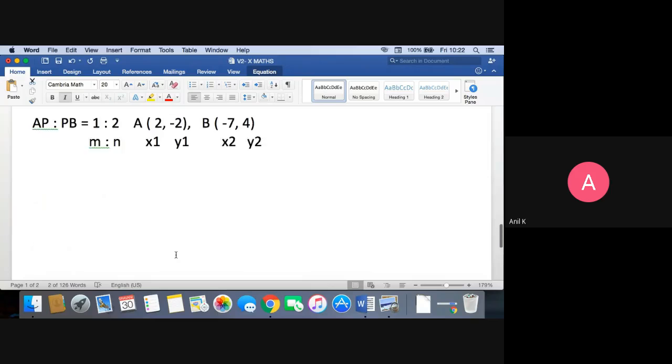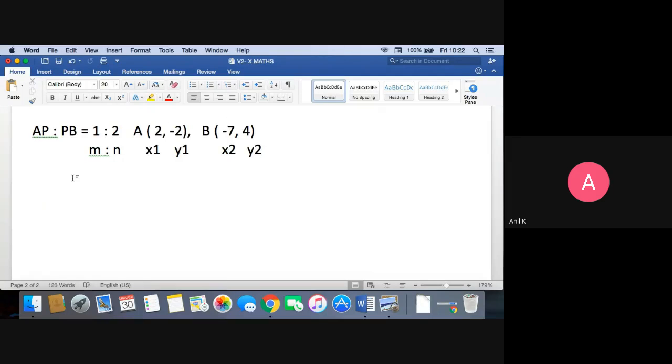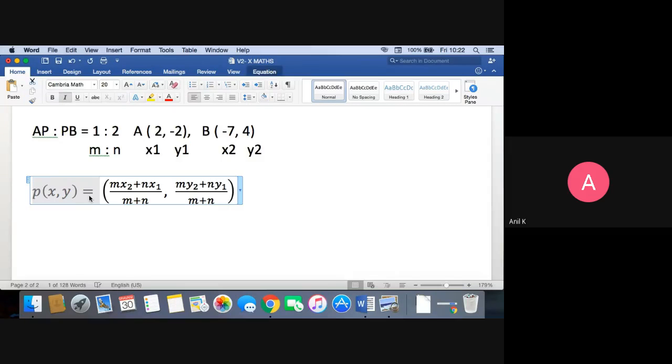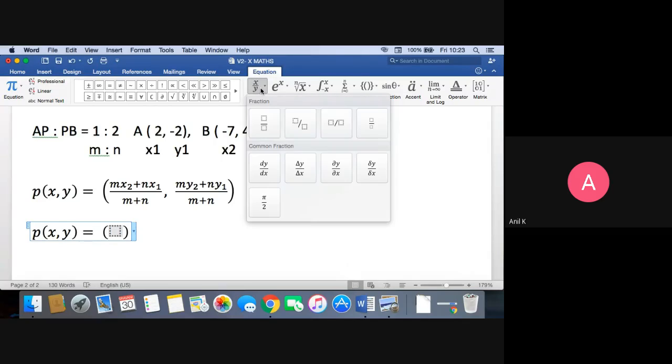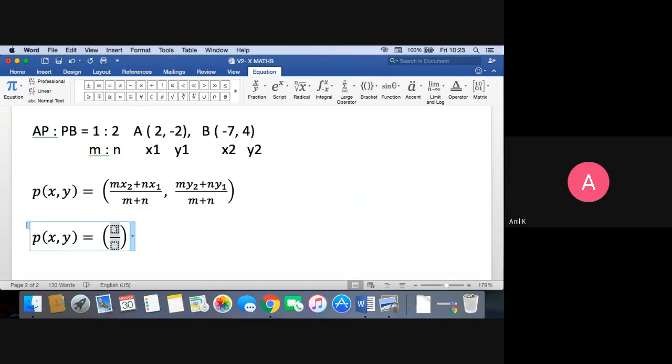Here it is, the section formula. So I want to find the coordinates of P, x comma y, equals, let me substitute all the values which we already know. I am not going to do it step by step; I can do direct calculations. m x2, m is 1, x2 is minus 7, so 1 into minus 7 is minus 7.